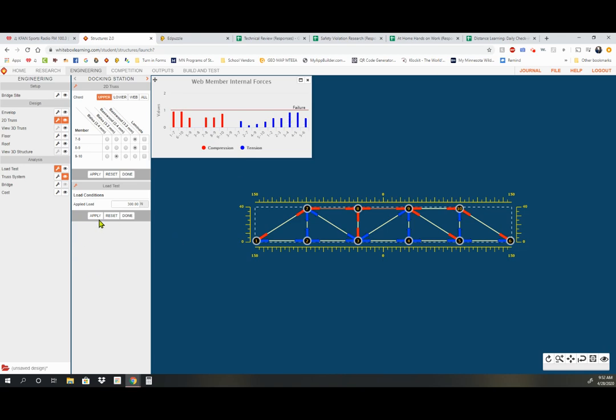Okay. So now I'm going to run this setup here. I'm under my failure, and then you're going to see my 300 will survive. Then my 400.